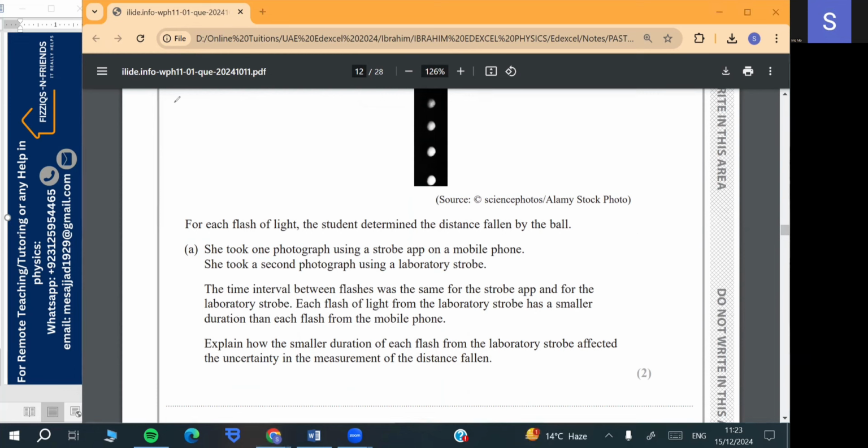Now let me write the answer. They're asking what will be the impact on the uncertainty in the measurement of the distance. Okay.